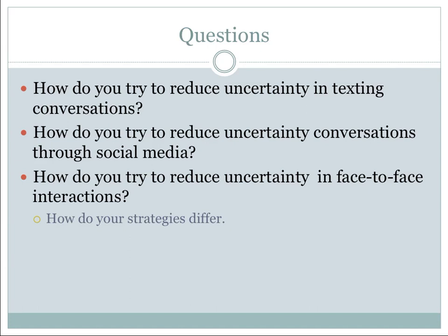So, building off of the question related to text messaging, when you're, say, conversing with somebody on Facebook, do you experience a different level of uncertainty in talking with somebody on their wall out in public space, or do you reduce uncertainty through specific question asking through direct messaging? And then to think about how that plays out across a number of different kinds of social media platforms.